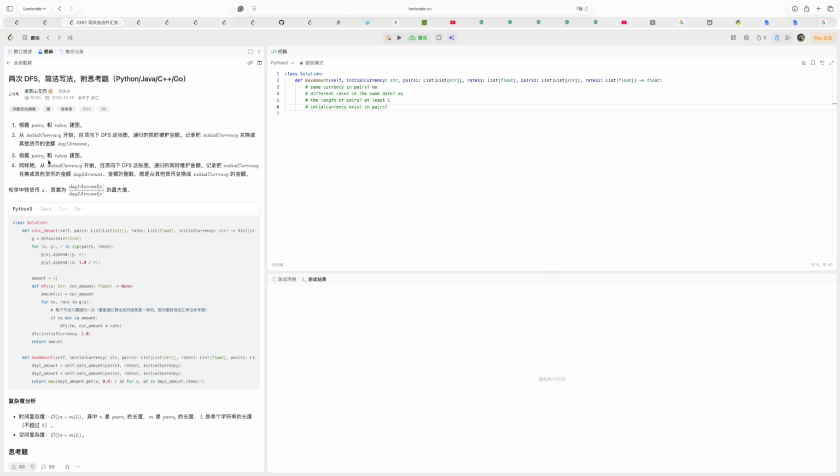And then create the adjacency list for day 2, and then again keep track of the amount of... So for day 2, also do the same thing.